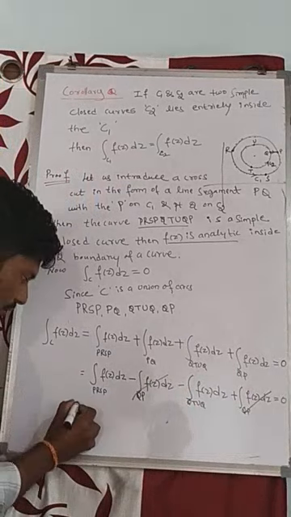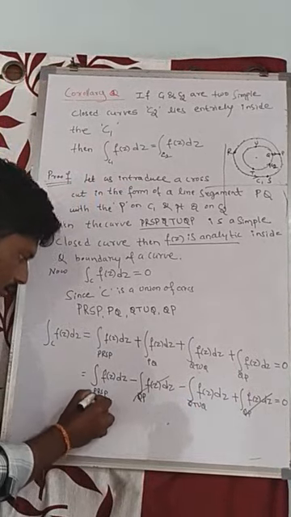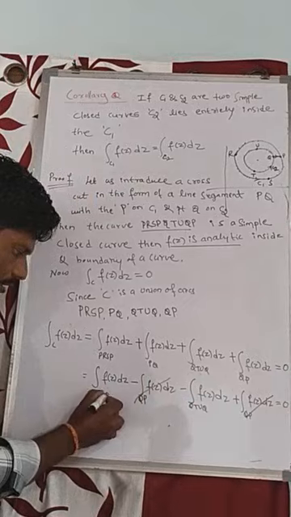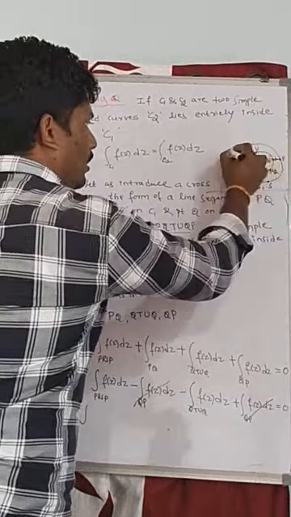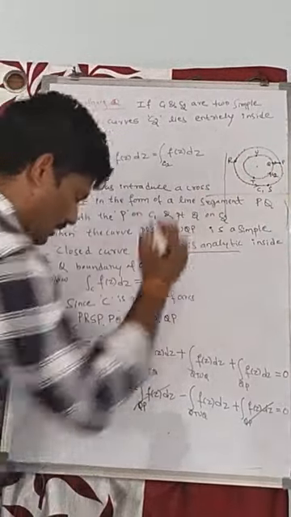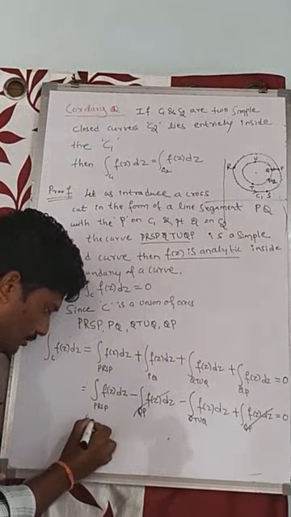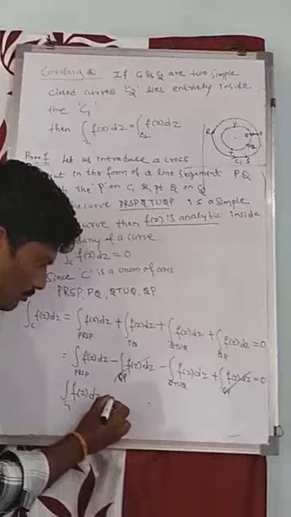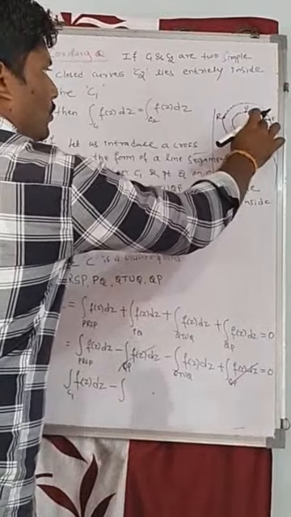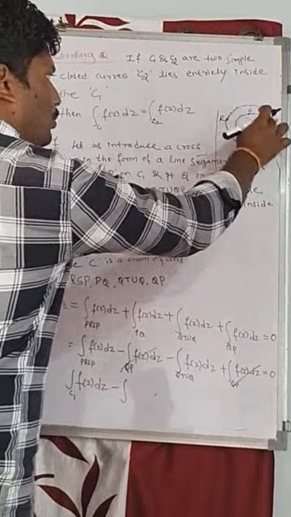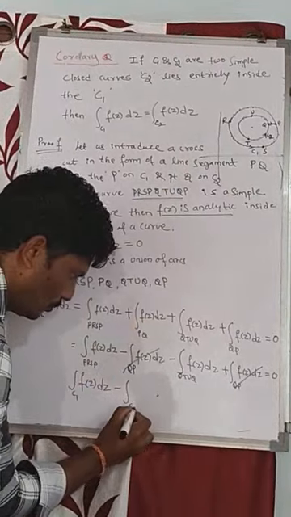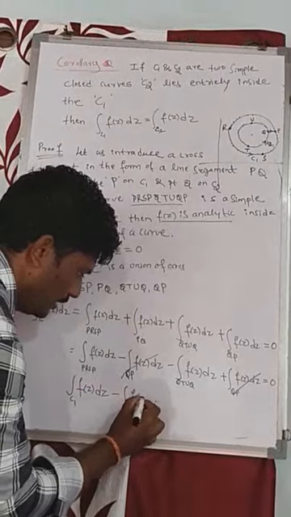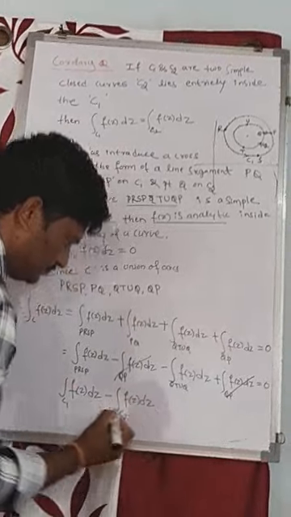Next, integration PRSP, the circle C1: integration C1 of f of z dz minus integration QTUQ, which is C2, of f of z dz.